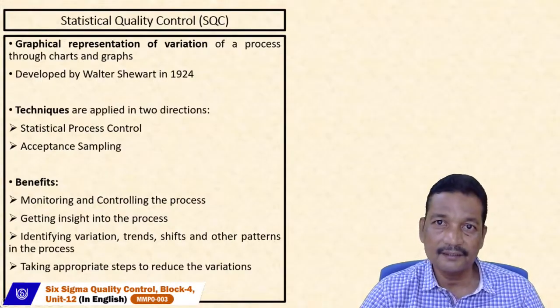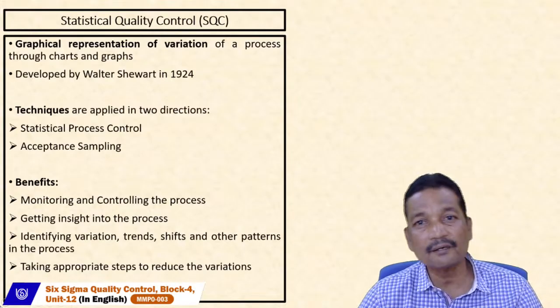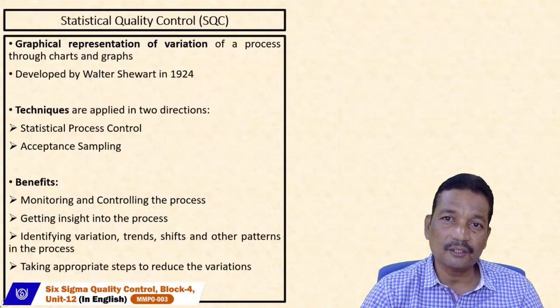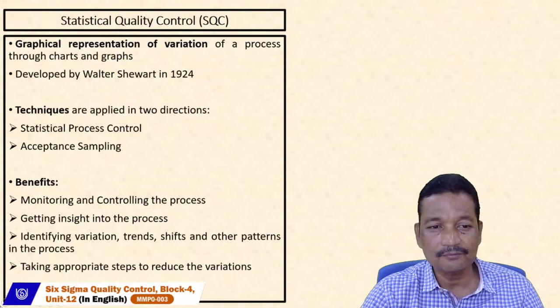Variation, as we said, is the hovering of the values of the items produced around the central value or the average value.